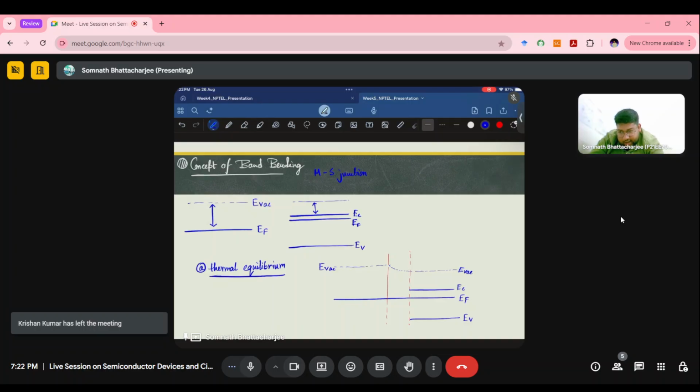So based on that, the distance between the EVAC and the EC is constant everywhere, so the bending will be the same for this as well.